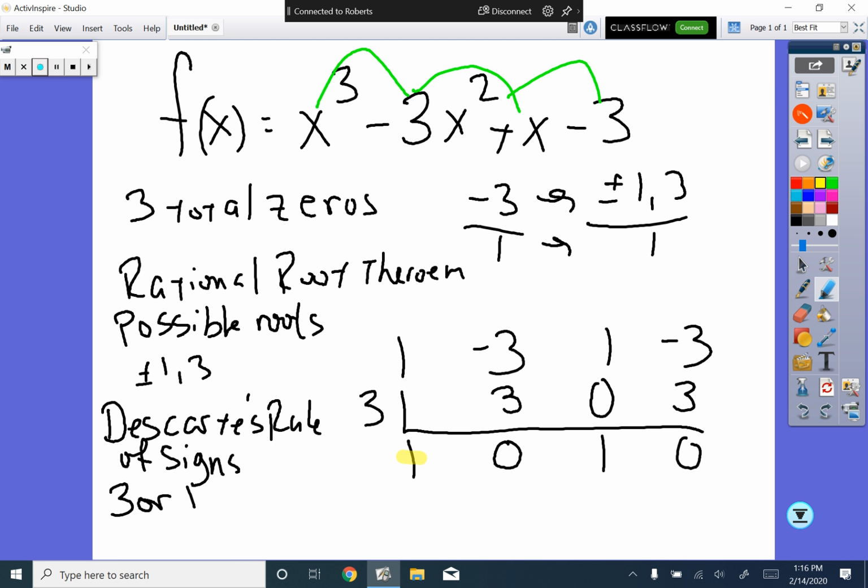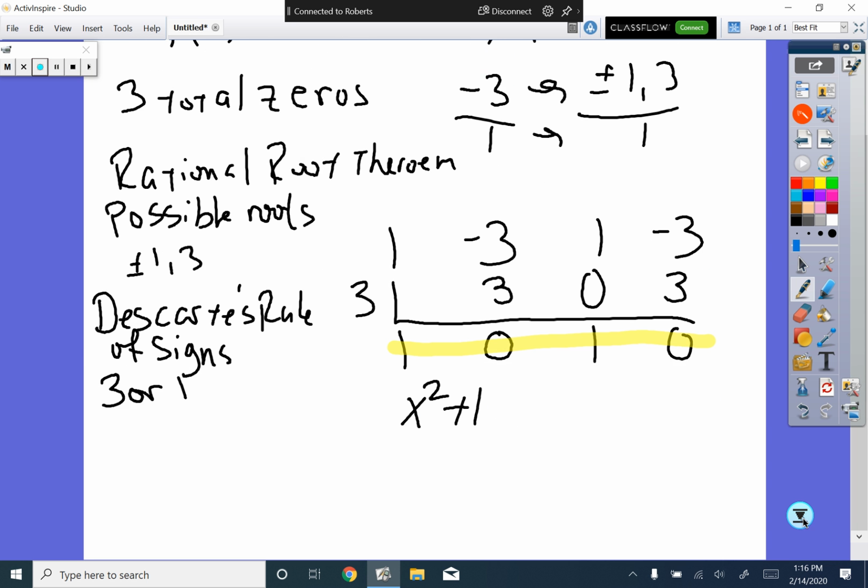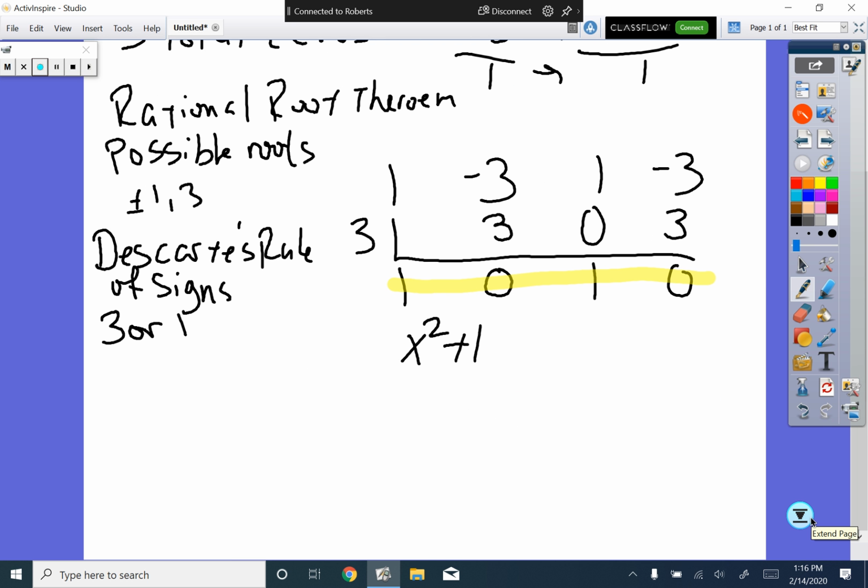With that being said, what is this? How do we rewrite that? X squared plus 1. Okay? Now, what's the factors of 1 that get me to be 0 that both have to add to be that? It's not going to happen, huh?